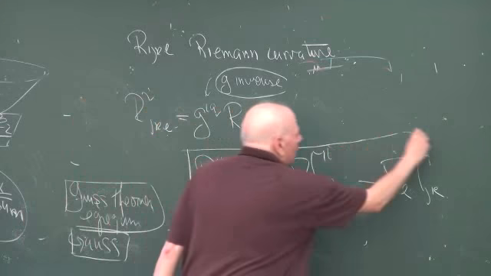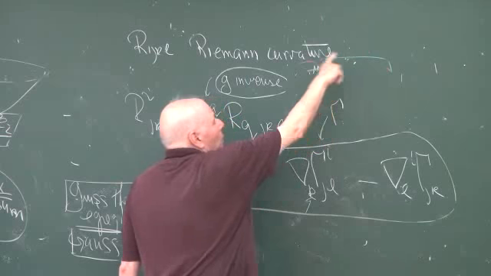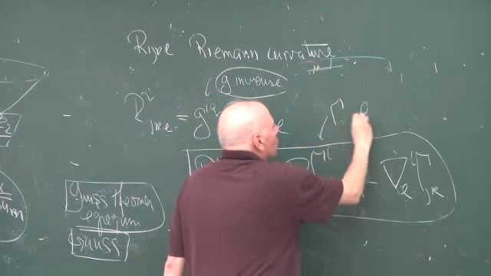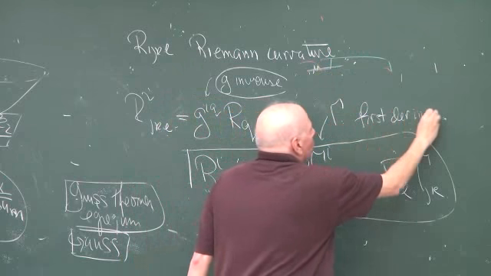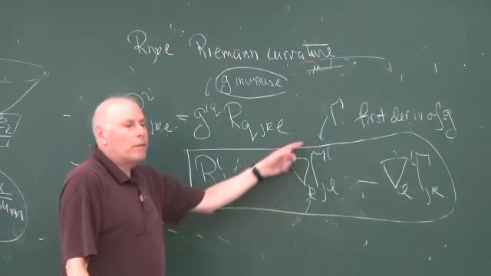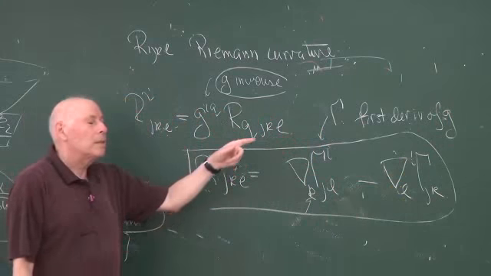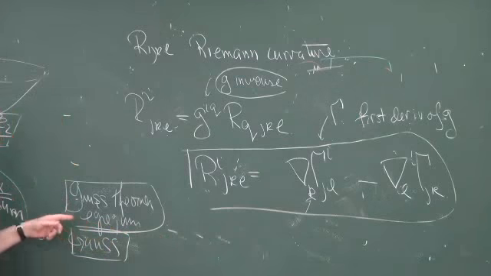But remember, even in the formula I wrote upstairs in this surface case, the gammas depend on first derivatives of G. And this is derivatives of the first derivative.